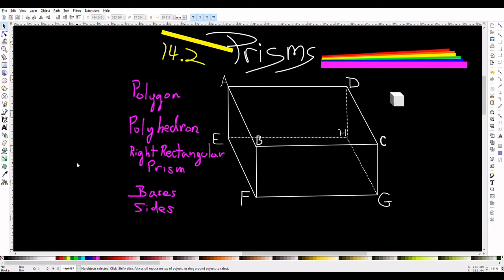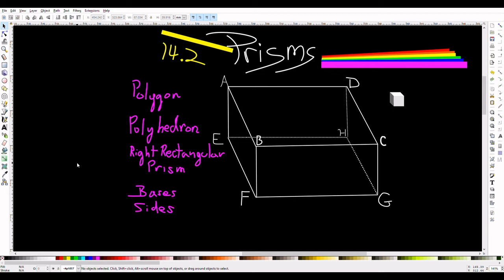Similarly, side lateral face BFGC forms right angles with ABCD and EFGH. And so this is a right rectangular prism. It's our stereotypical room, where all the sides are congruent and all of the opposite planes or opposite faces are parallel to each other.